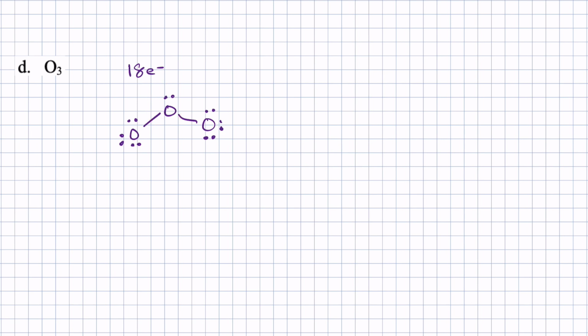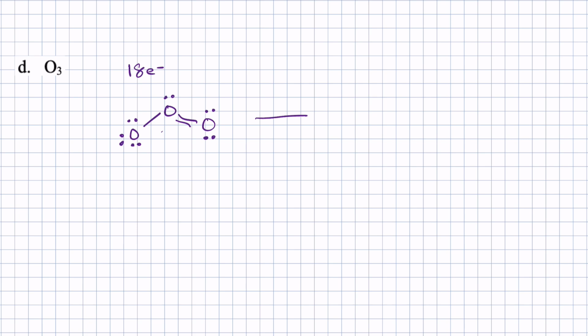And again, remember, when we have a situation like that, what we need to do is include multiple bonds. So what we're going to do is take one of the non-bonding pairs and draw a double bond there, and now we can see that we've satisfied the octet rule for every oxygen in this case. But again, here's a situation where we have a double bond and a single bond, and there's no reason that we should pick out a particular bond as being a double bond.